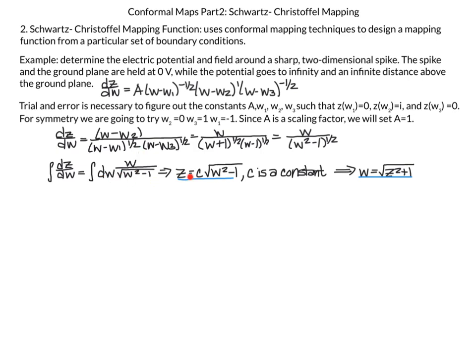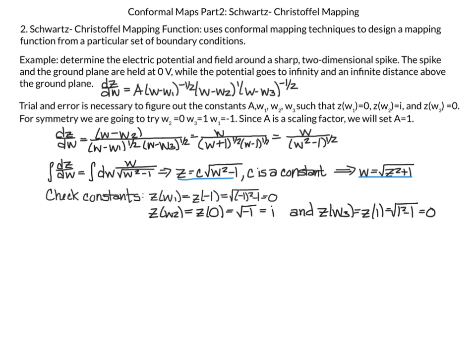So z is equal to c, some constant, times the square root of w squared minus 1, which means now when I solve for w, remember we actually wanted w is equal to the square root of z squared plus 1. So here is our mapping function that gives us this Christoffel mapping that we wanted in order to get this spike.